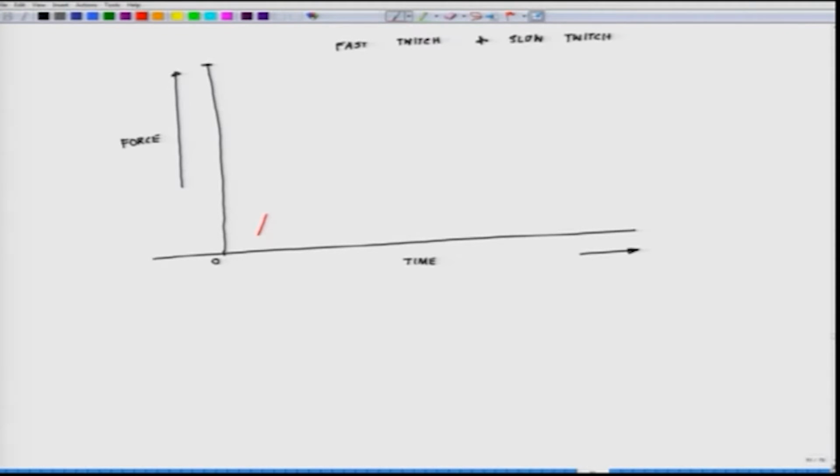So, the curve is like this, or the curve could be even much sharper, like this. Whereas in the case of slow twitch, I will be using the blue color, and the curve will be like this.